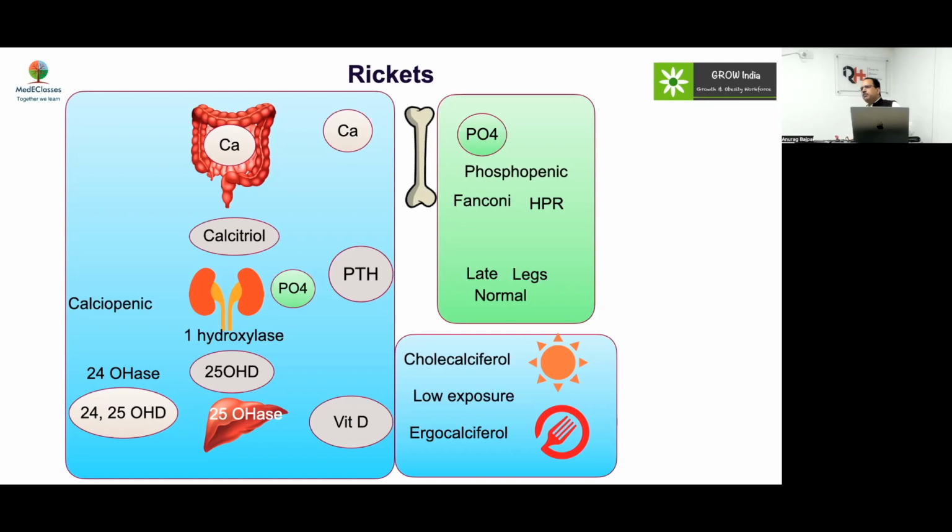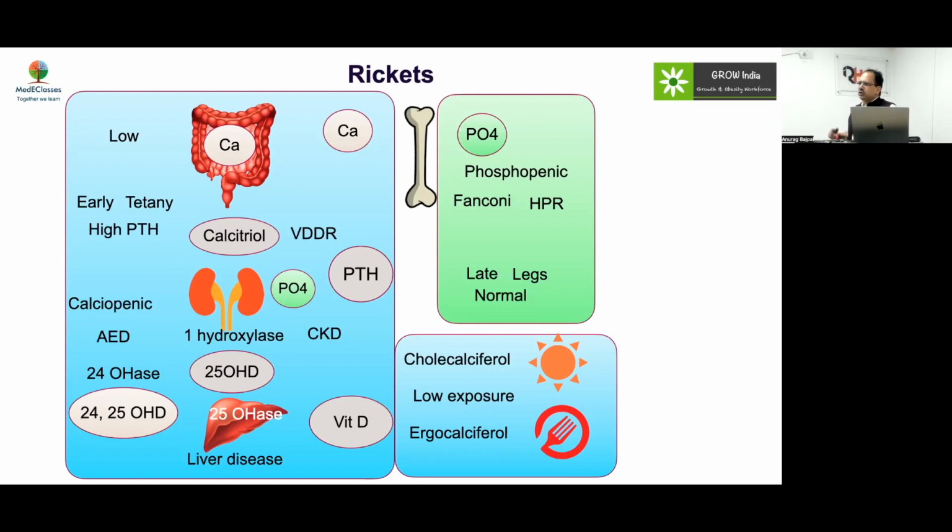While the calciopenic rickets can start right from decreased exposure to sunlight, decreased calcium intake, a chronic liver disease with malabsorption, use of anti-epileptic drugs which increase inactivation of vitamin D, abnormalities in the kidney functions like chronic kidney disease, decreased production of calcitriol, which is vitamin D dependent rickets, and you will have an early onset rickets in a sick child who develops tetany and hyperparathyroidism.